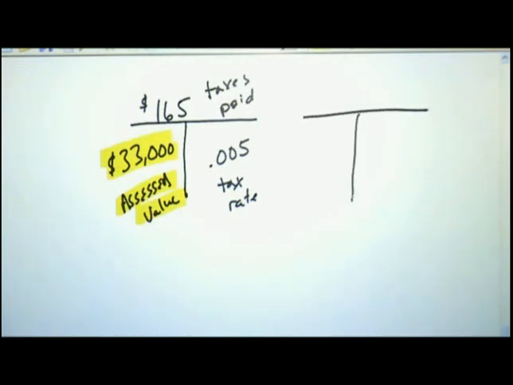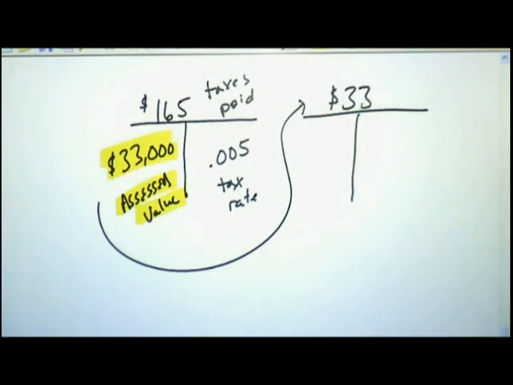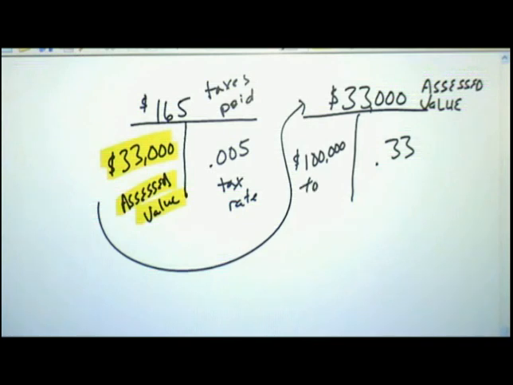The assessed value is one portion of my total value, which makes it the smaller number in my T. So I can divide that by the percentage of assessment, which in this case is 33%, and I can come up with a total value of $100,000. Which is the answer that the question is looking for.